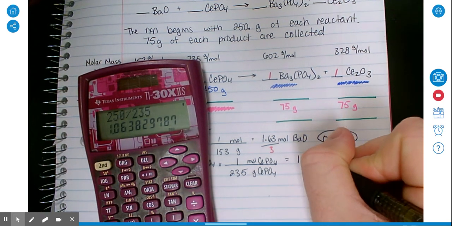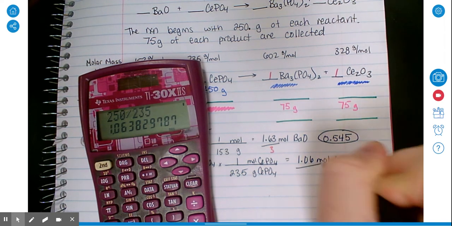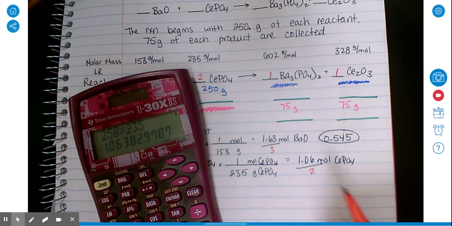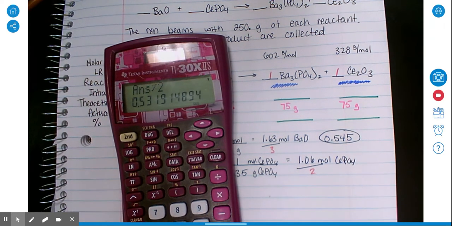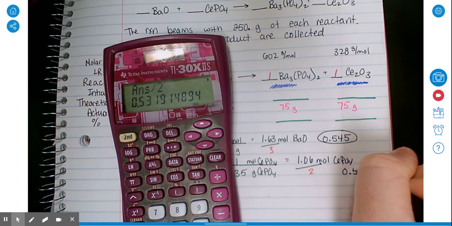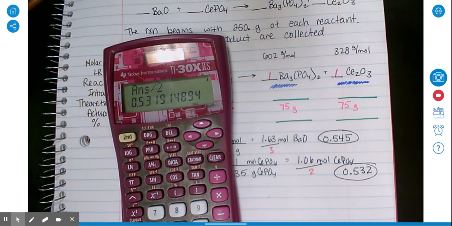I end up with 1.06 moles of the CePO4. Divide that by the coefficient, which is 2. And I end up with, they're very close, 0.532 as a value here.